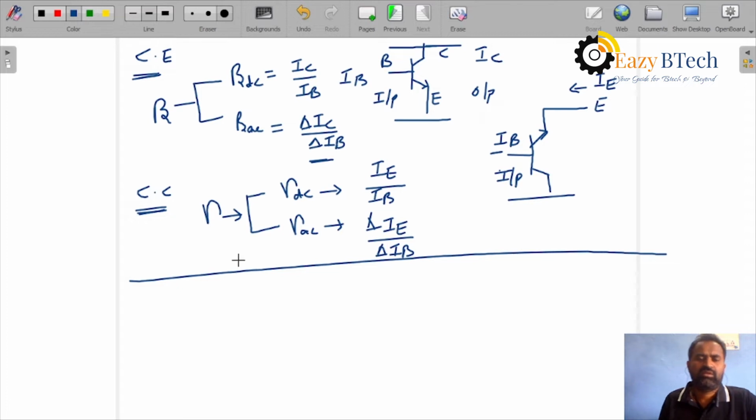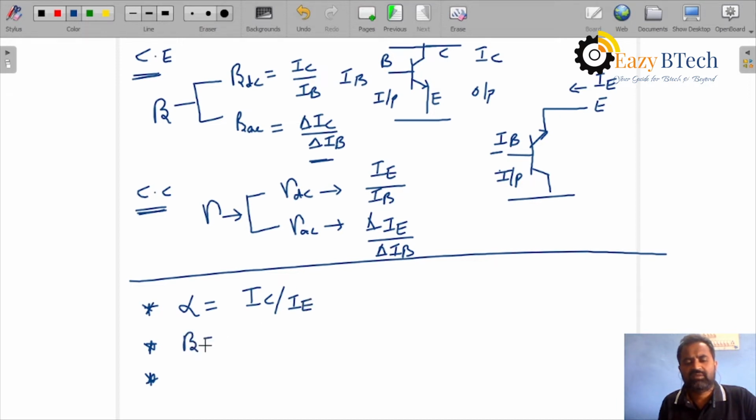Okay. Now you remember these three important factors. Alpha is equal to output current IC by input current IE. Beta is equal to IC by IB for DC. Gamma is equal to IE by IB.